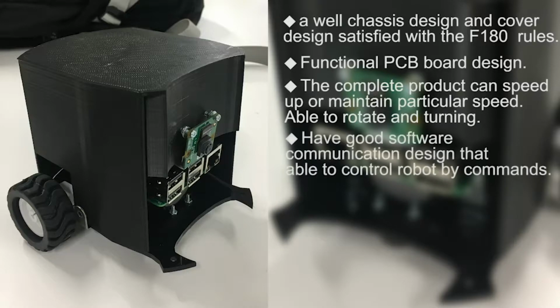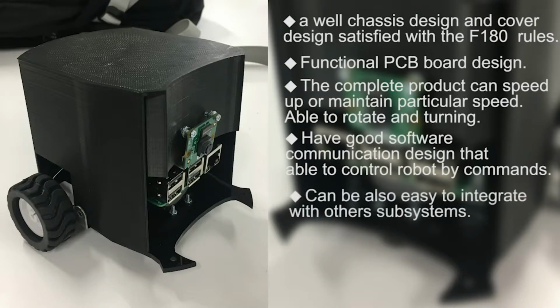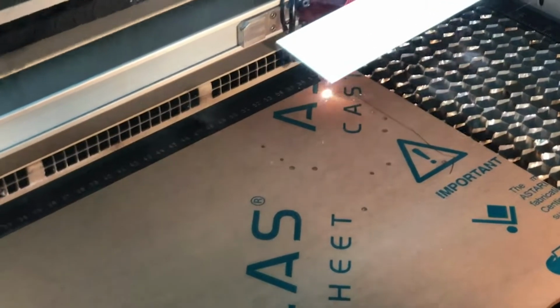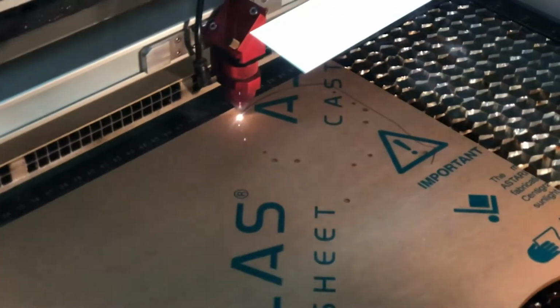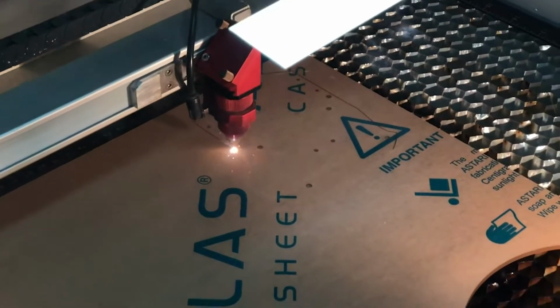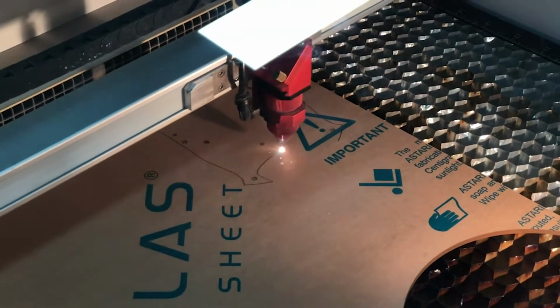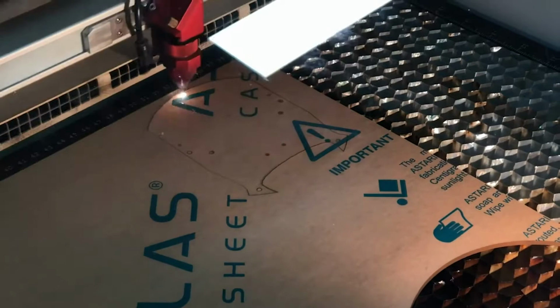Have a good software communication design that is able to control the robot by commands, and can also be easily integrated with other subsystems. For the chassis design and cover design, the diameter of the robot is 130 mm and 120 mm high. Design an indentation at the front of the robot for dribbler and kicker.